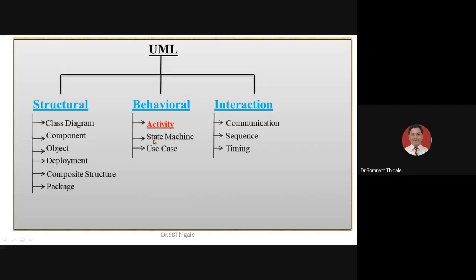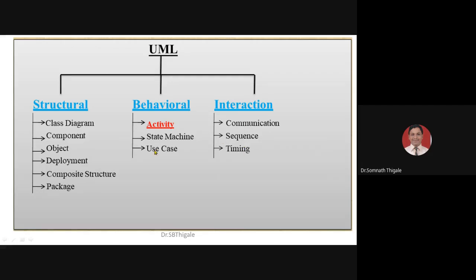Then in case of interaction diagrams, we are going to see the sequence diagram and the collaboration diagram. Collaboration diagram is nothing but the communication diagram. And in some applications, depending on the type of application, we need to think about timing scenarios, so I'm going to draw the timing diagram.